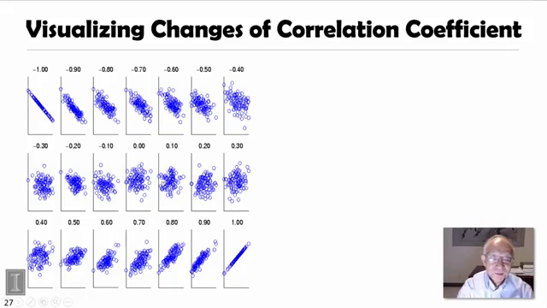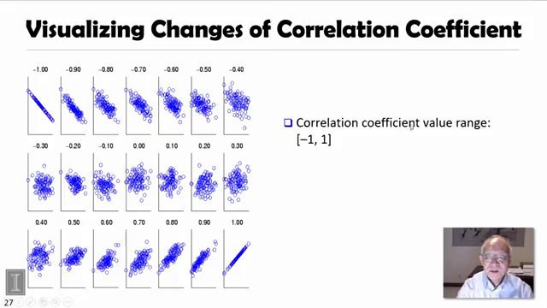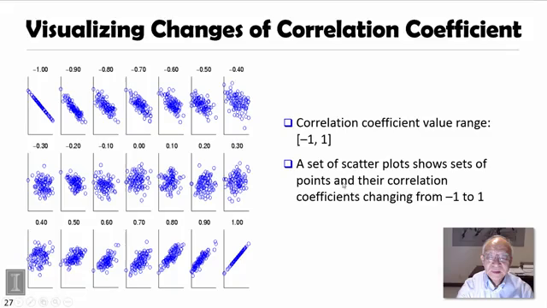But when you gradually grow the correlation coefficient, you will see their values become more and more correlated. When they are perfectly correlated, the correlation coefficient is 1. That simply says the correlation coefficient value ranges from -1 to 1. If we draw this in a scatter plot, we'll see the set of points, with their correlation coefficient changing from -1 to +1 in this shape.